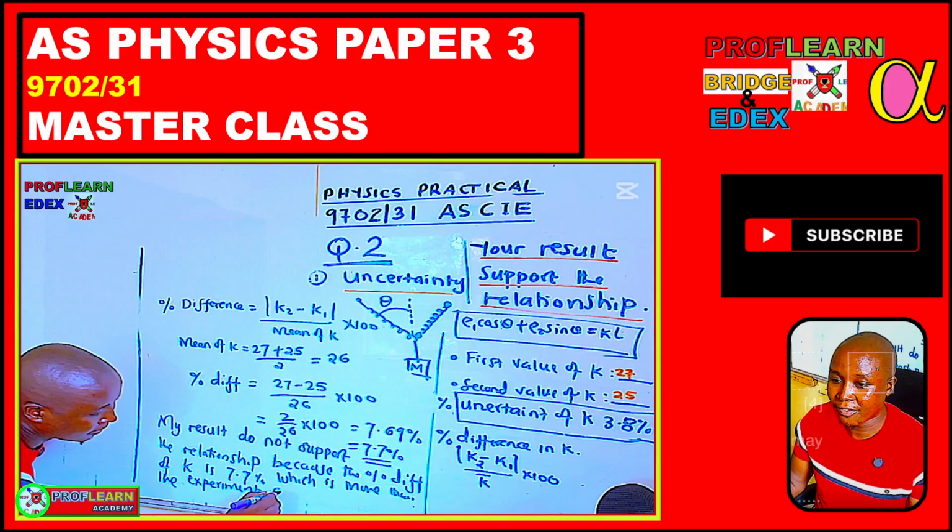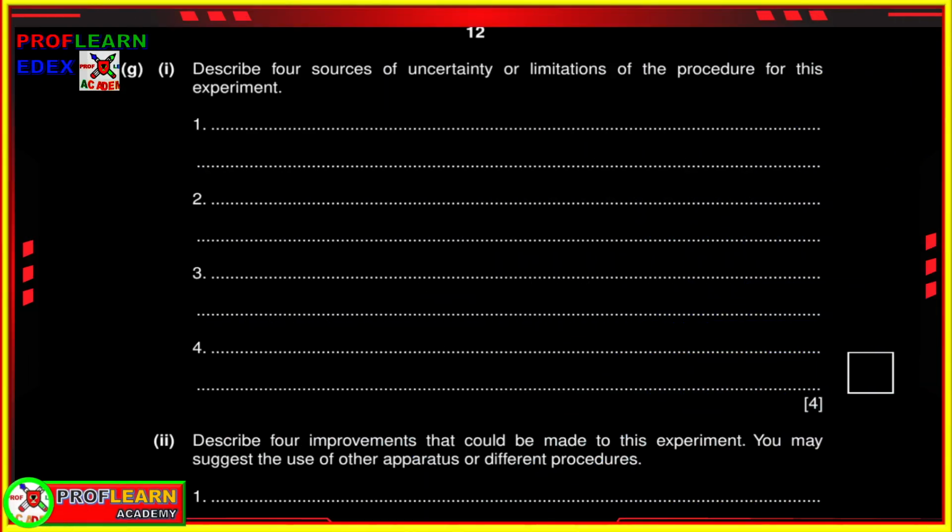So we can record here that two readings are not sufficient to draw a valid conclusion. The solution: take more readings of the quantity that you are measuring and then plot a graph.